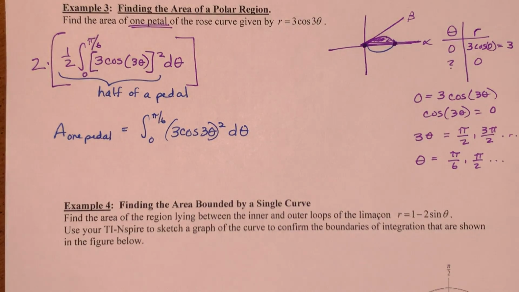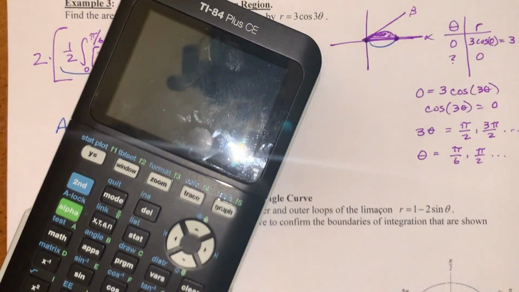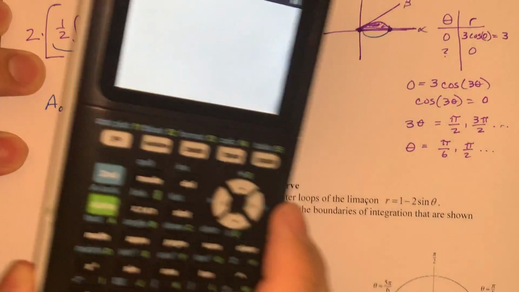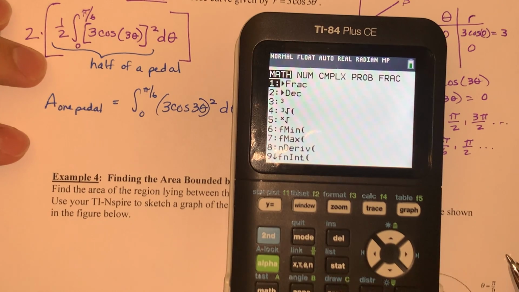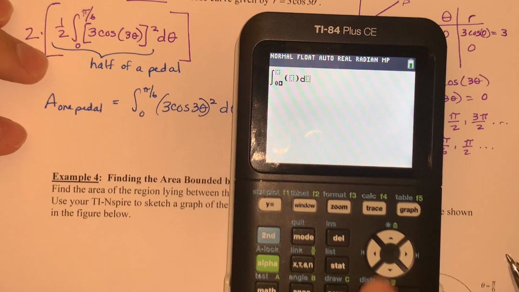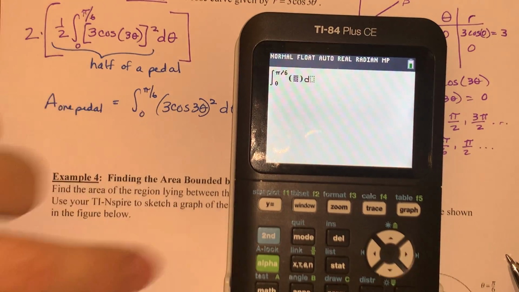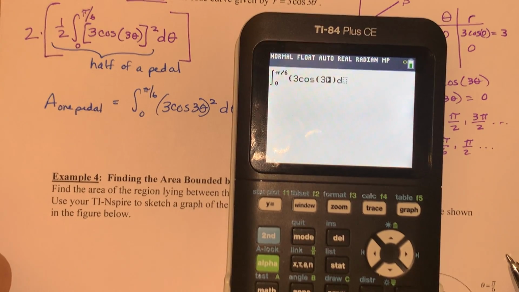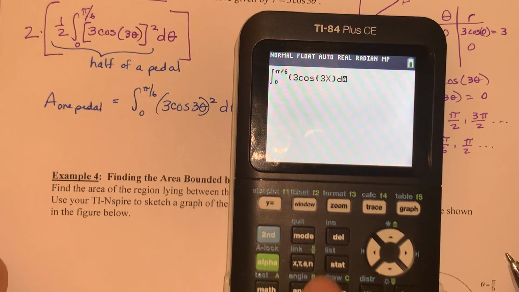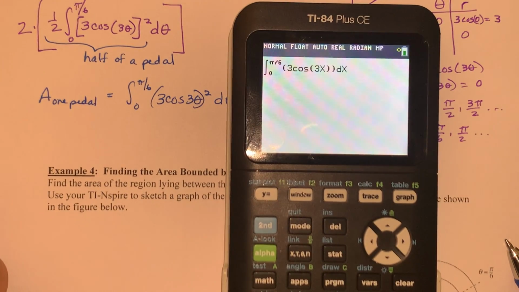Okay, and if I put that in my calculator, which is nowhere to be found, oh, here we go. That's very convenient. So if I plug that in my calculator, I'm going to do math 9 from 0 to pi divided by 6 of 3 cosine of 3x. That was not the answer I got earlier.